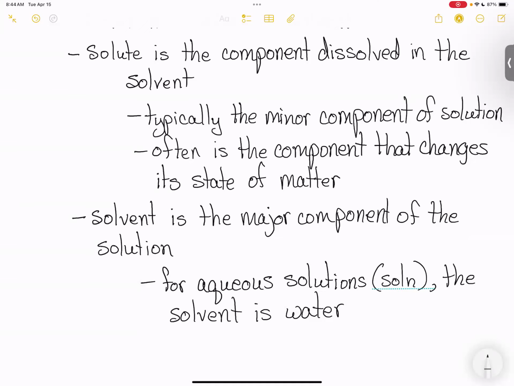So all I've done right now is describe what a solution is. A solution is a solute plus a solvent.